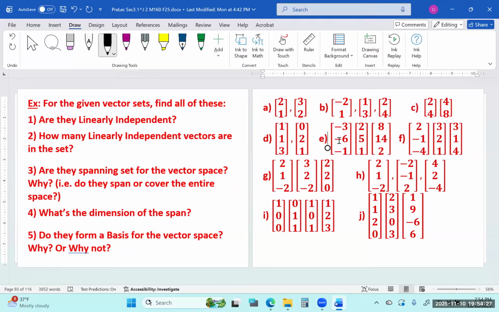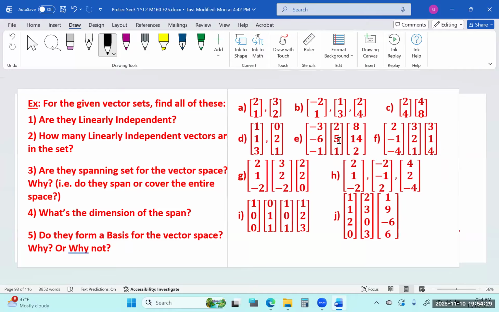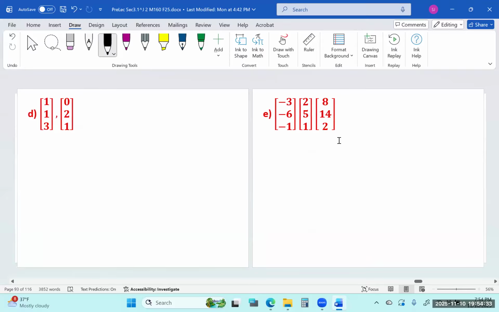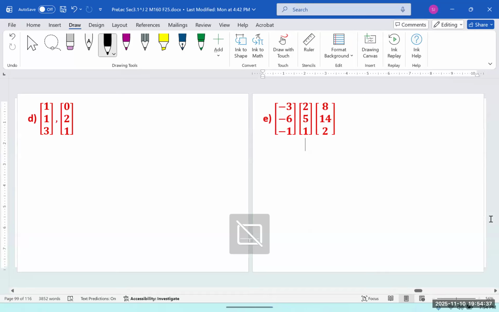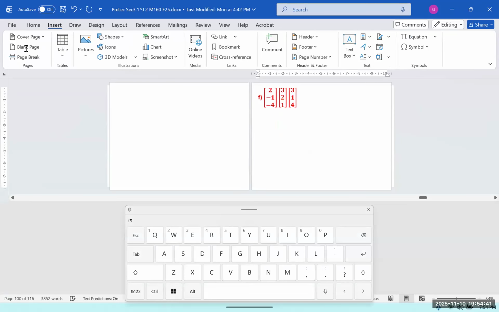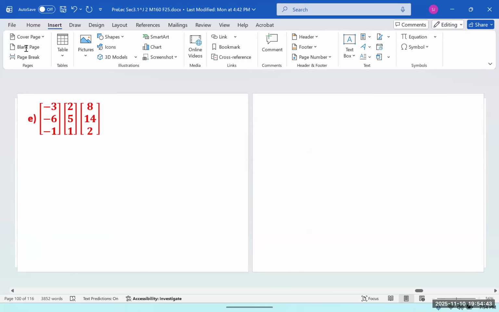Now for E, we need to do work. So let's go. Which space are we in? R2, R3, R4? R3.